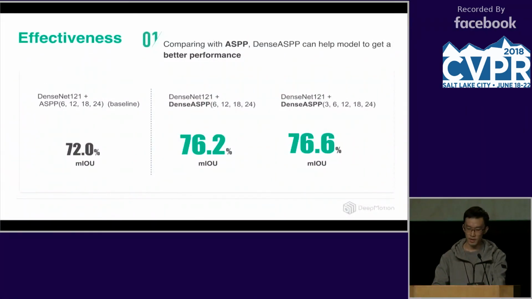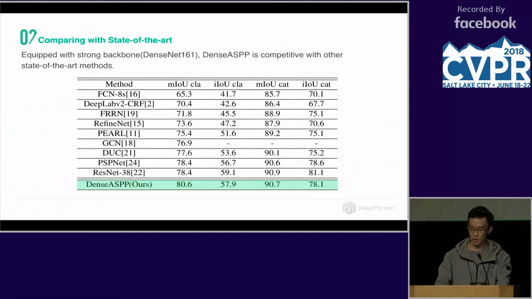On the validation set of CityScapes, dense SPP improves the ASPP baseline by 4.2%, measured by mean IOU, and more improvement is achieved by adding an extreme dilated layer before existing dilated layers. Equipped with strong backbones, our method is competitive with other state-of-the-art methods on test sets of CityScapes.